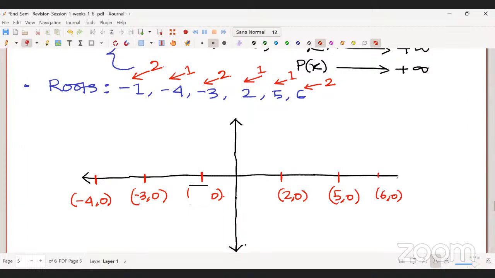These are the x-intercepts of the polynomial.